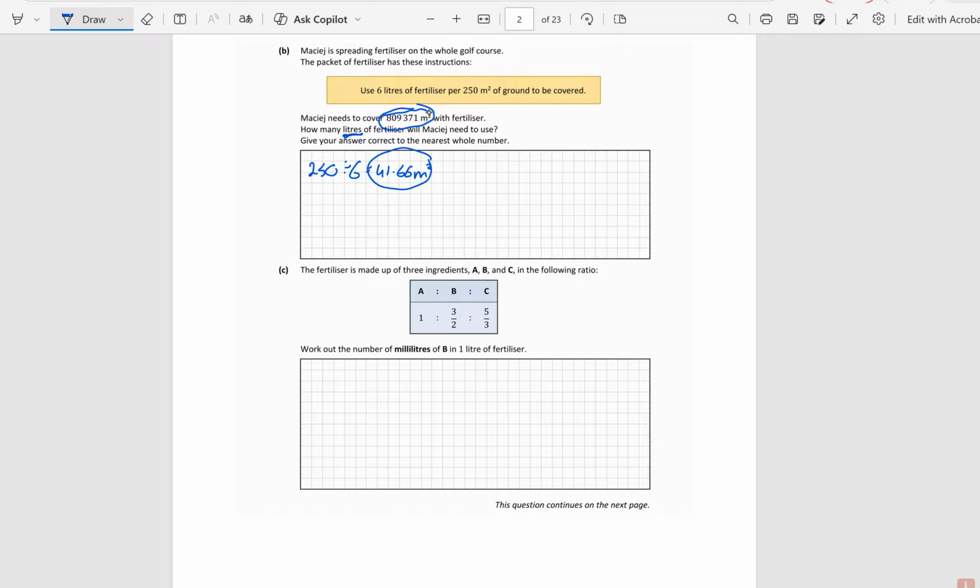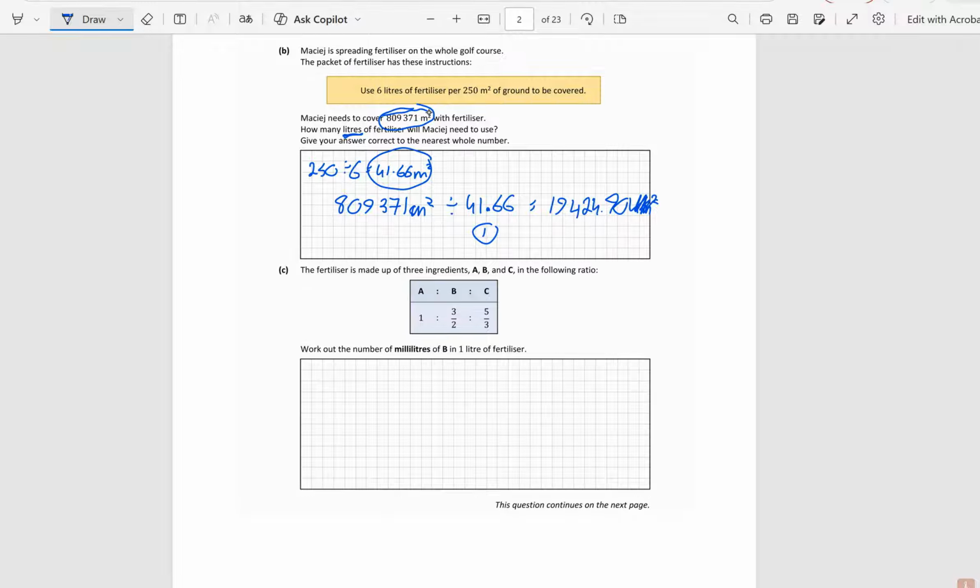I want to know how many litres. So if I take the whole lot of the meters squared that I need to cover, and if I divide that by 41.66, because that's what 1 litre will cover, well, I will get 19,424.904 litres.